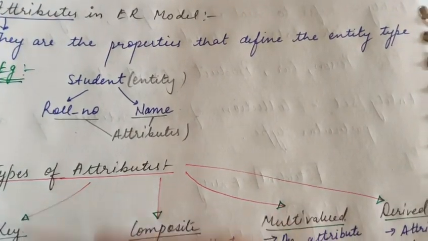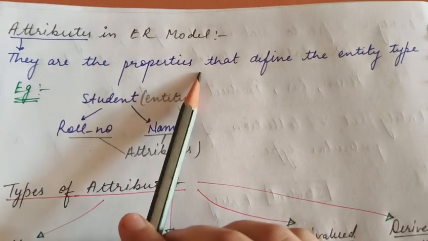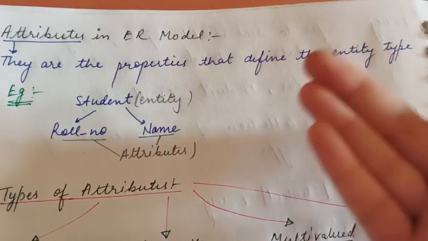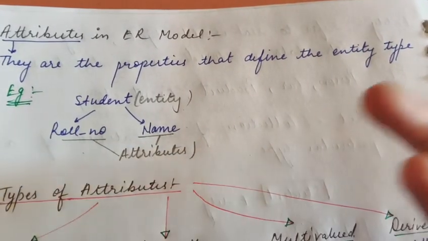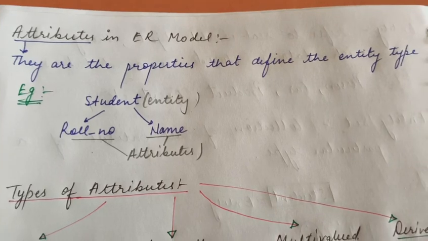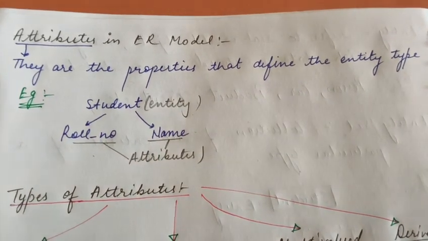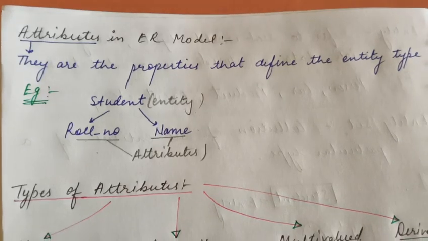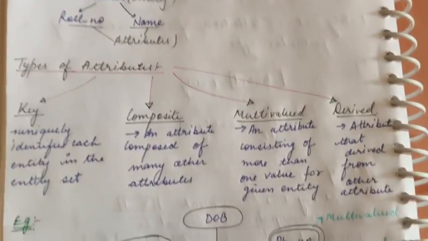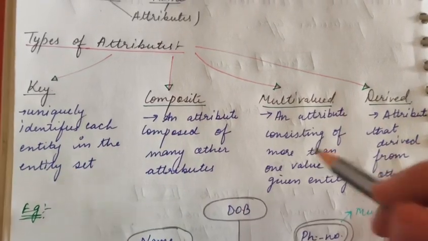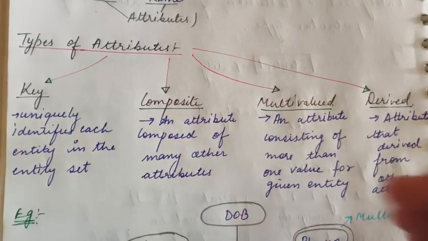Okay, talking about the attributes in ER model. So what are attributes? They are the properties that define the entity type. For example, for a student, entity may be a roll number, name, DOB, age, address, whatever. Okay, so what defines the entity is known as attribute. So there are the four types of attribute: key attribute, composite attribute, multi-valued attribute, and derived attribute.